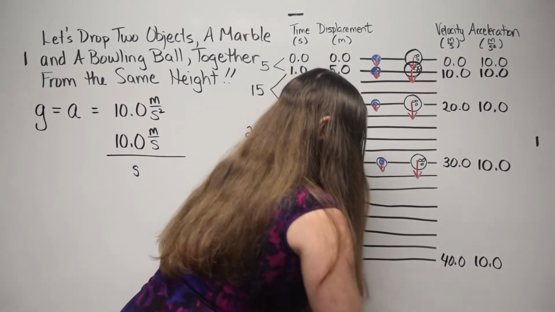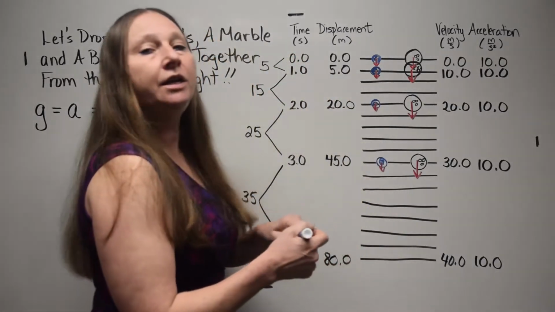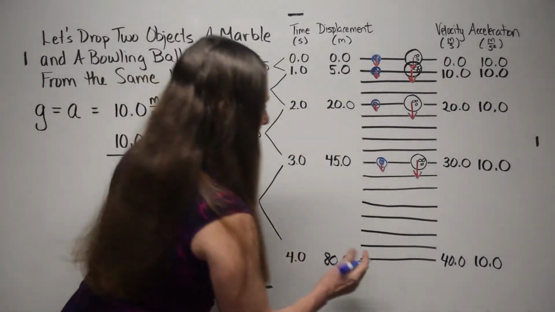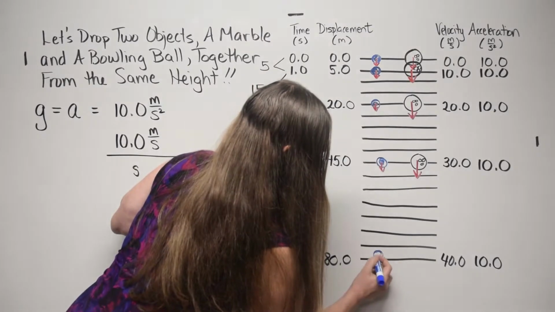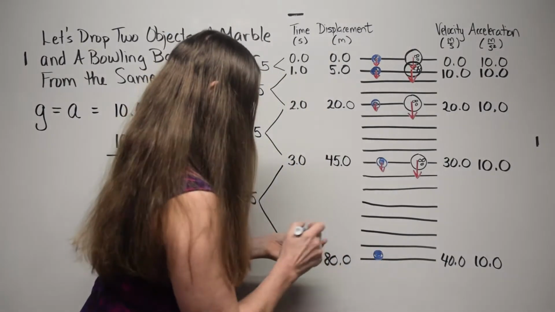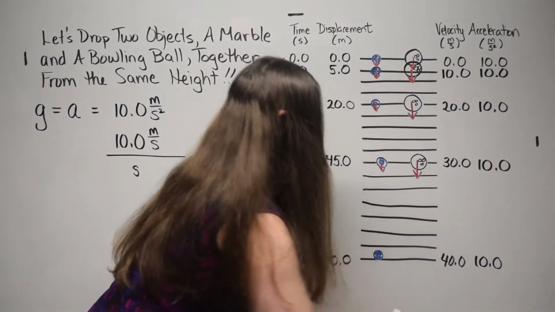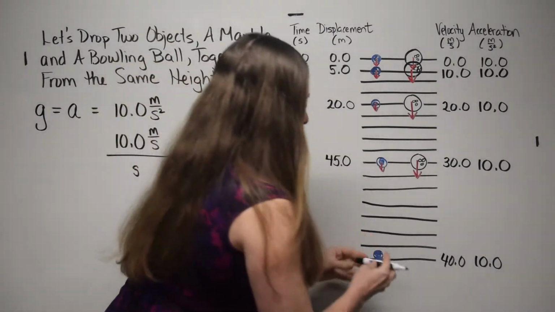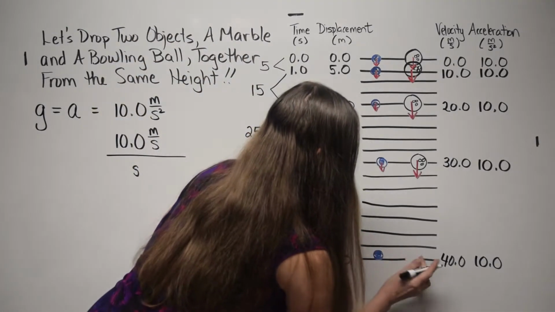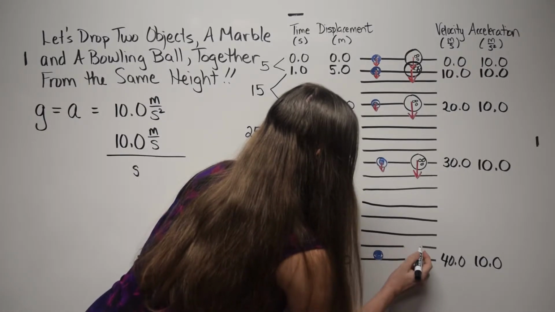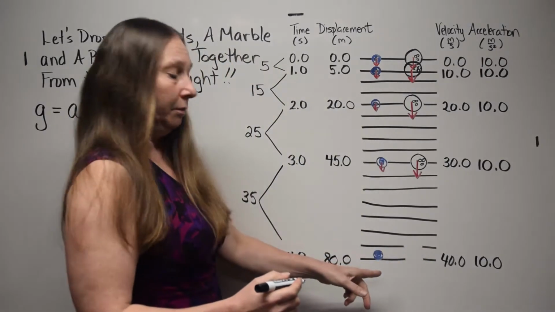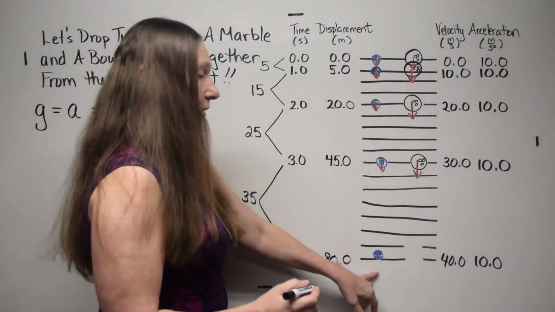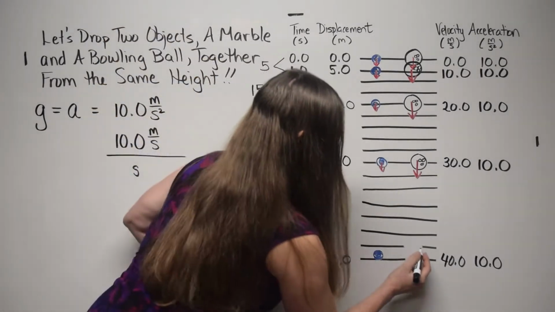And since we dropped it from a height of 80 meters to begin with, the marble and the ball hit the ground. And we better hope there's nobody down there, because even if you get hit with a marble from that, forget the bowling ball, you get hit with a marble from that height, that's going to hurt.